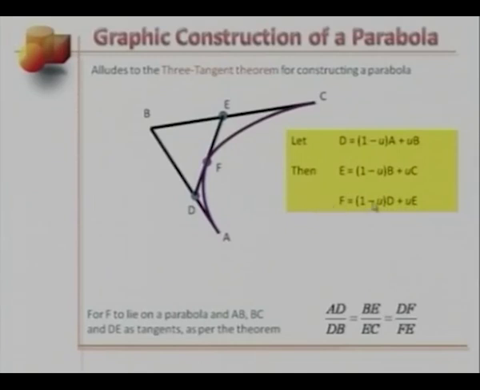If we substitute for D from here and for E from here, we will get F equals 1 minus U squared times A plus 2U times 1 minus U times B plus U squared times C. Once again, A, B, and C are position vectors of these 3 points.